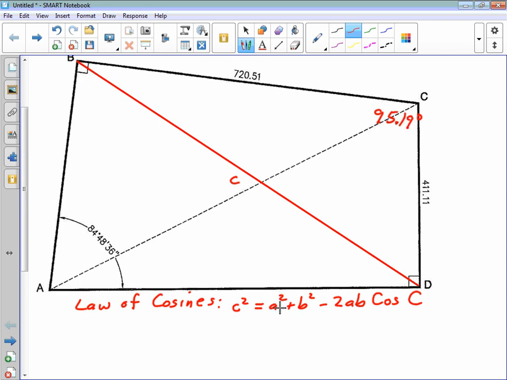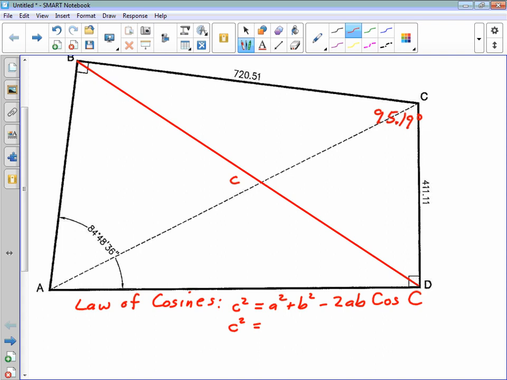And those two sides go right here, right here, right here, and right here. The included angle is right here. We're good to go. Here's our unknown, which will eventually be side c. Okay, let's plug in what we know. Well, we don't know c squared, so let's just leave that.